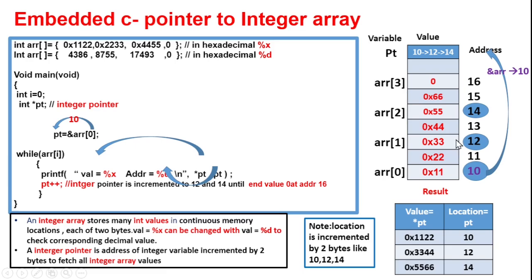So instead of 13, it will go to 14, which is 55 66. It will print the value 5566 and the address is 14. Finally, we stored the null character, so when it comes to 16, 0 is there, it will come out of the loop.